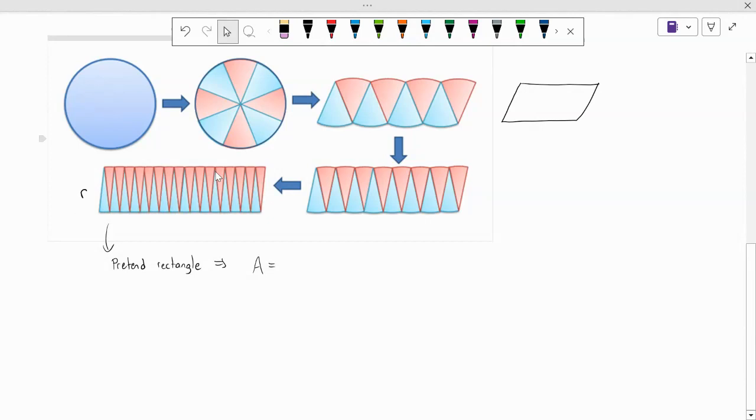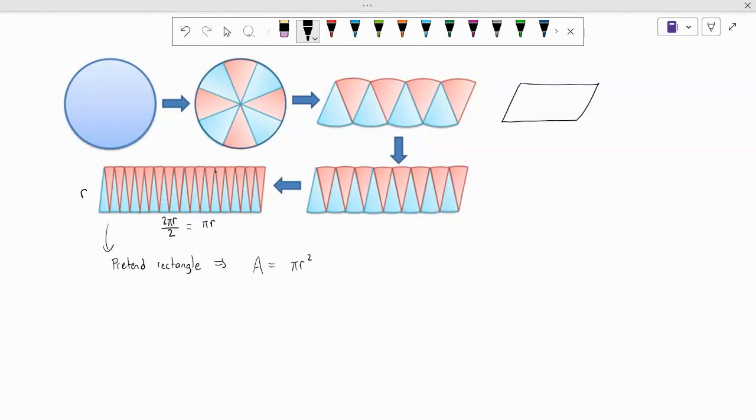If you remember, the circumference of the circle was 2 pi r. But this is only half of the circle, so it's not a whole circumference, only half of a circumference. That leaves you with a length of pi r at the bottom. So now if you do base times height, you get the formula pi r squared for the area, okay?